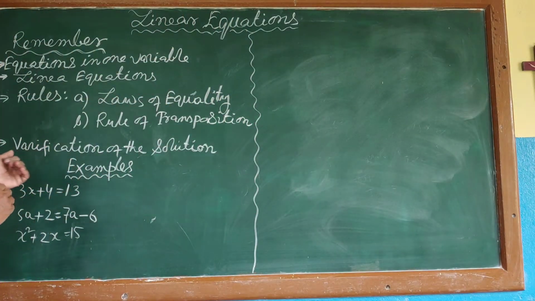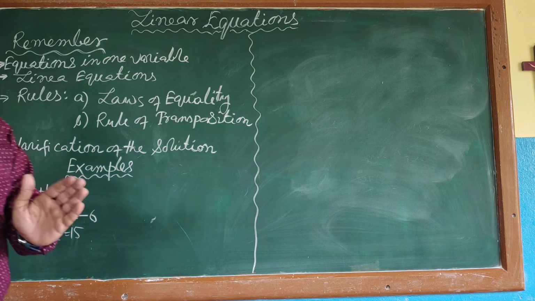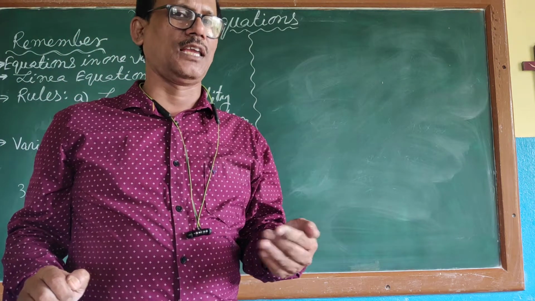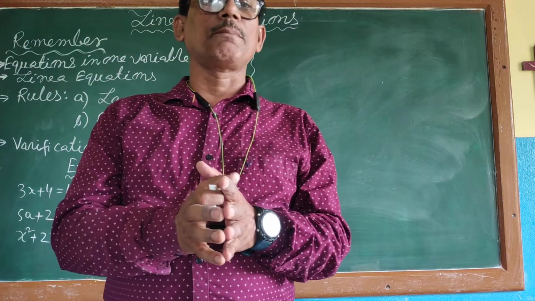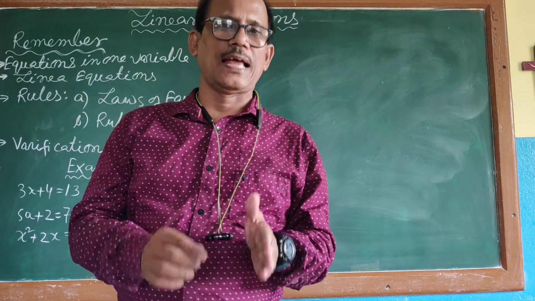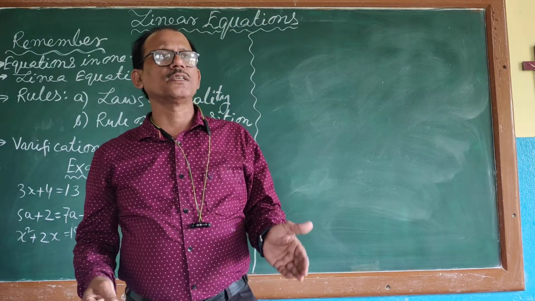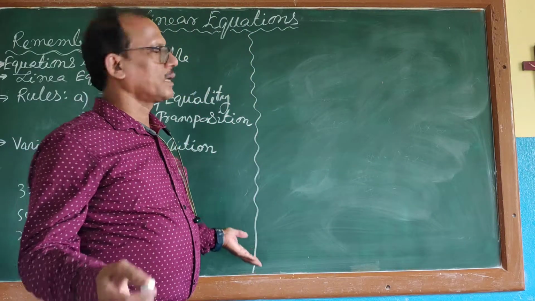I have told you earlier what you understand by equation in class 6. You remember, anything you are representing algebraically is called an algebraic expression. That means suppose there is a number you do not know.